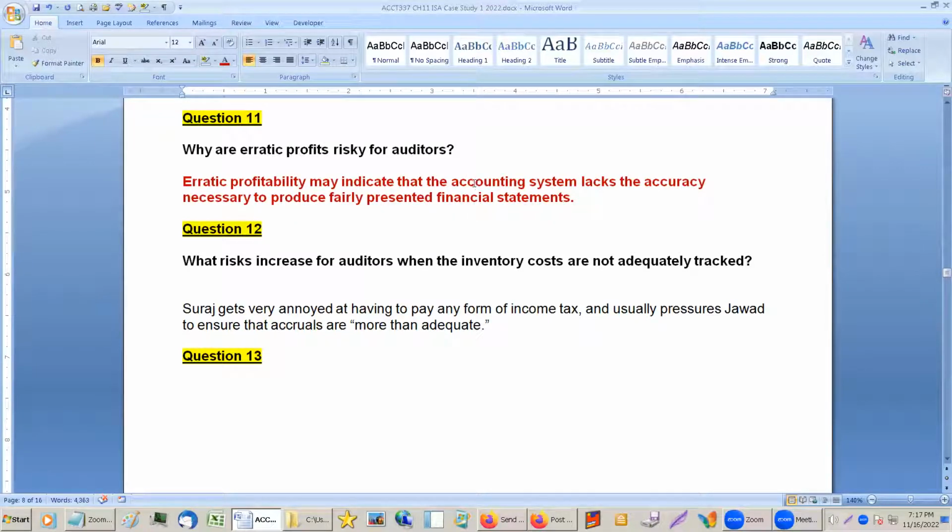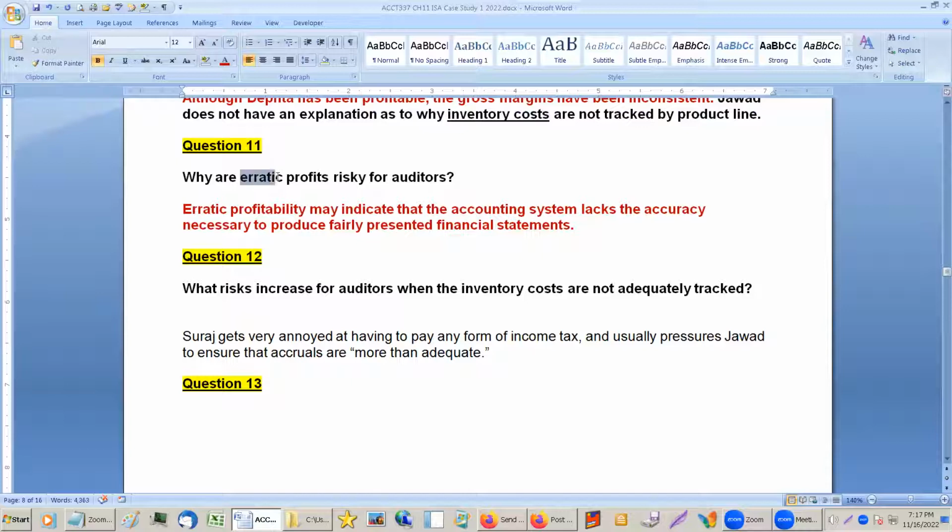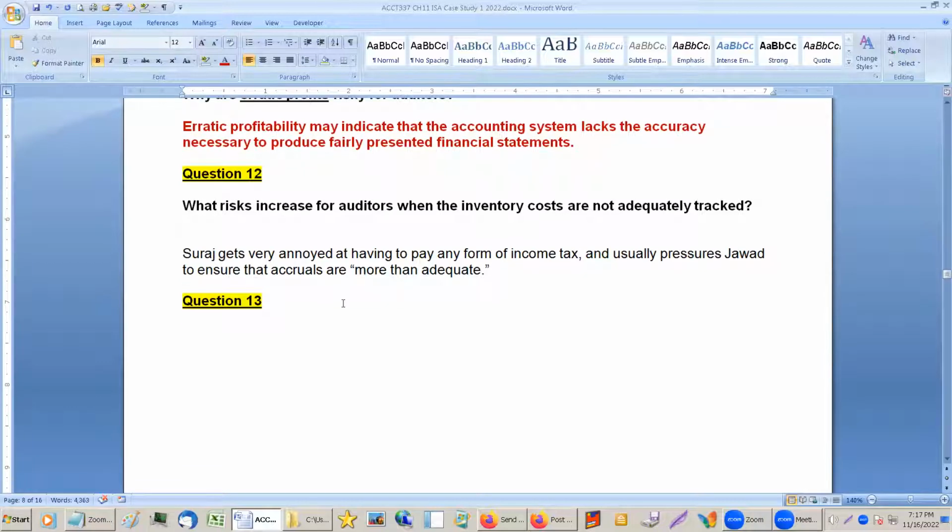Usually they have trends, they're not erratic. So whenever you see something erratic, it immediately says there might be a problem with the system. It could be someone manipulating it, but it also could be that the accounting system isn't accurate enough to put out financial statements you can rely on.